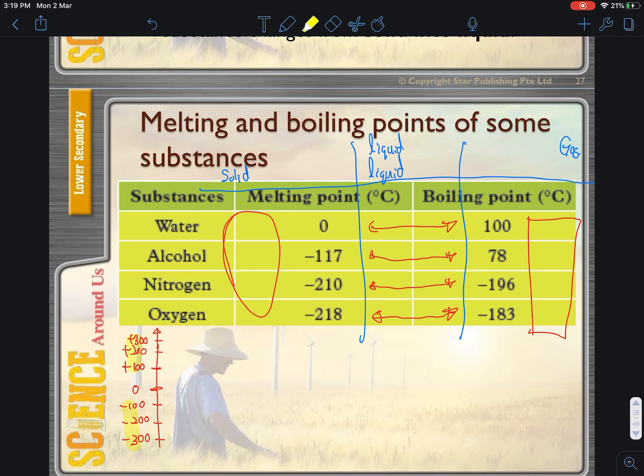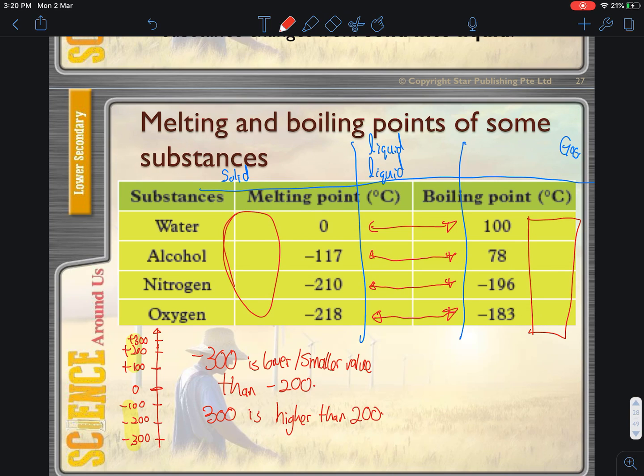Do take note that minus 300 is lower, or you can say a smaller value, than minus 200. Whereas the number 300, which is positive, is higher than the number 200. So do take note of all these different types, and of course all these are your temperature in this case.